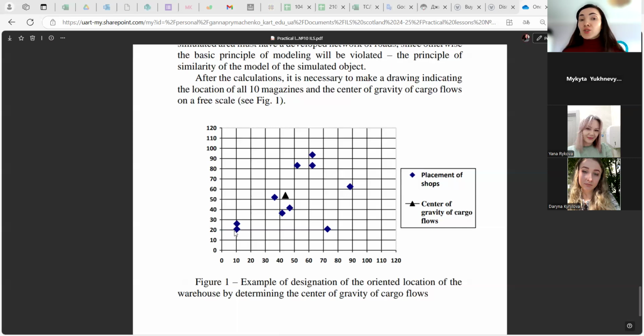Locate all our 10 stores here, and mark something else, for example, points for stores and a triangle for our warehouse or distribution center, or we can write center of gravity of cargo flows. It is the last step, and we can see where our warehouse is located and whether it is okay. So it is the answer of our task.